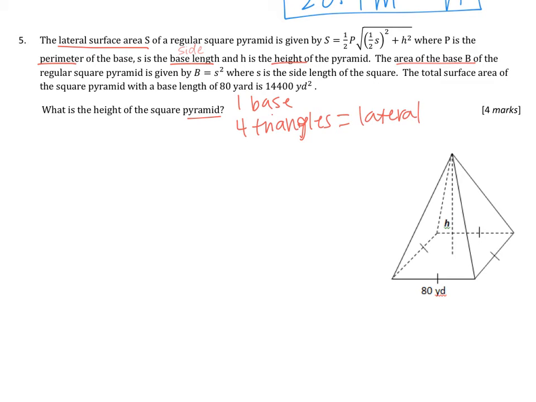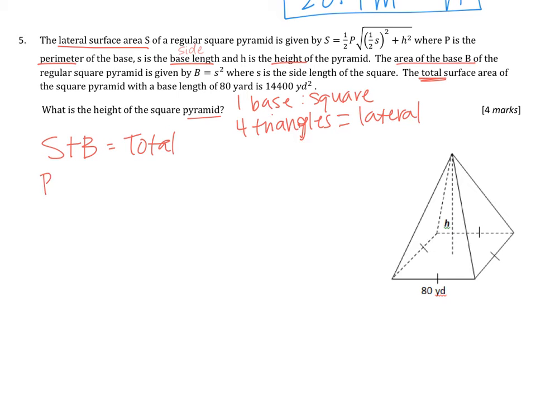So it's all the sides. The base is the bottom. So the base is a square. So they give us the total surface area. So if we do S, the S formula, plus the base formula, we're going to get the total. So we need to put those formulas together to equal the total to then work backwards to figure out the height.